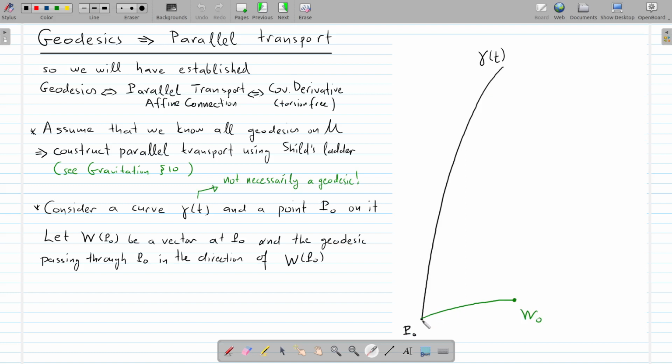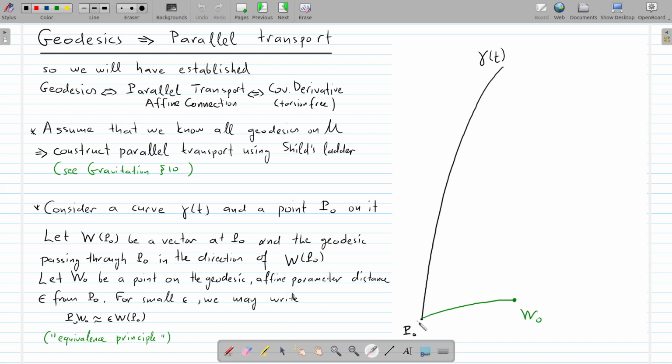First, consider any curve here, gamma, not necessarily a geodesic, and the point P0 on it. Now, let W be a vector at the point P0, and consider the known geodesic passing through P0 in the direction of W. And let W0 be a point on the geodesic that is infinitesimally close to P0, but on that geodesic.